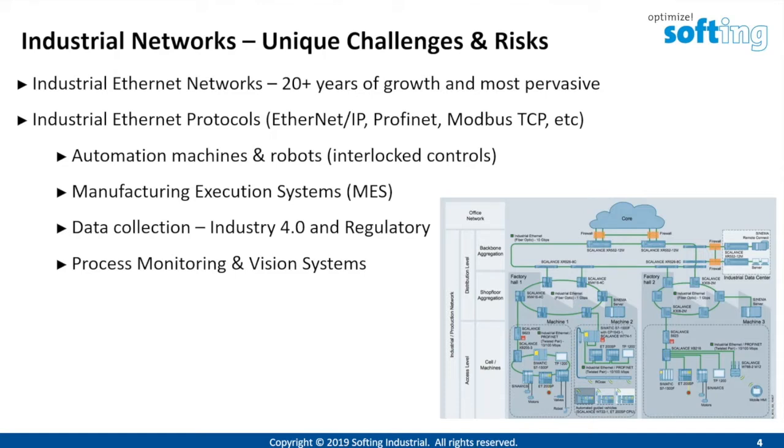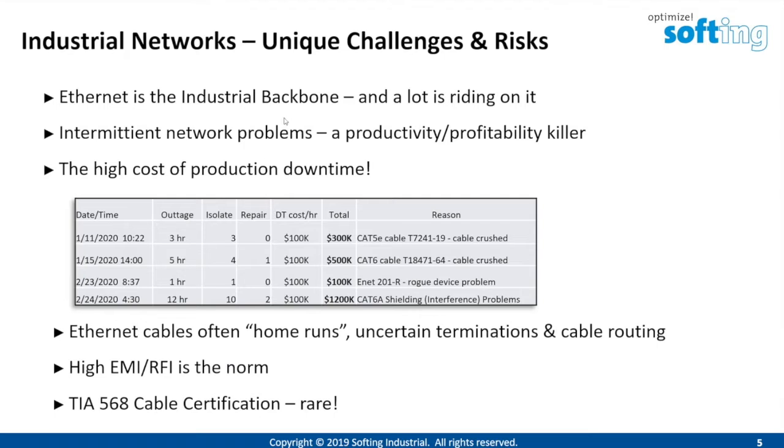There are lots of applications: machines and robotics, control automation, getting data from the plant floor to the IT systems or layer 3 systems like MES. There's a lot of focus now on data collection, and also process monitoring and vision systems. All these systems rely on that industrial Ethernet foundation. It is the industrial backbone for the network, and so a lot is riding on it.